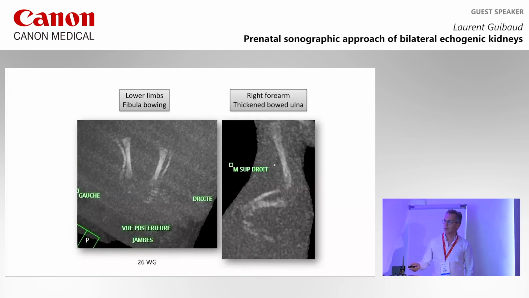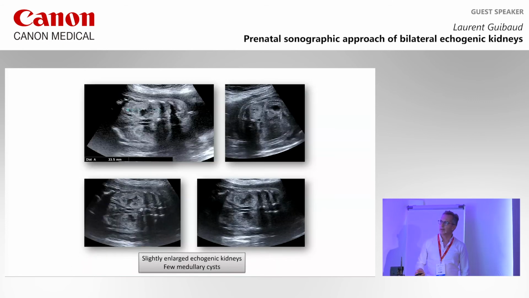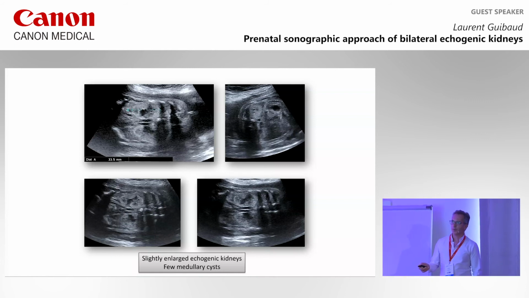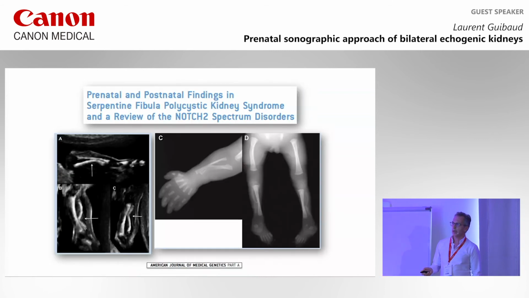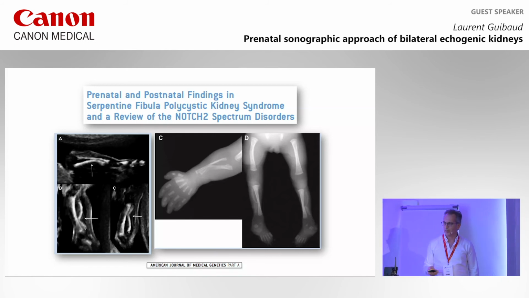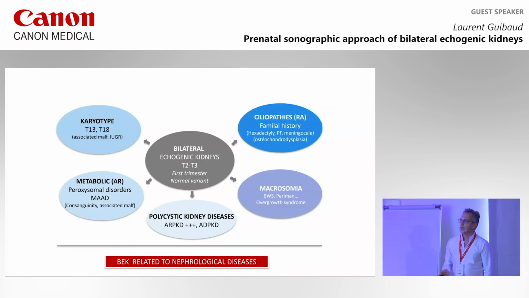And it was the same thing on the forearm. And the echogenicity was increased, not very large in that case, as you can see. And this is, in fact, this serpentine fibula, which is related to NOTCH2 mutation, and it was proven in our case.